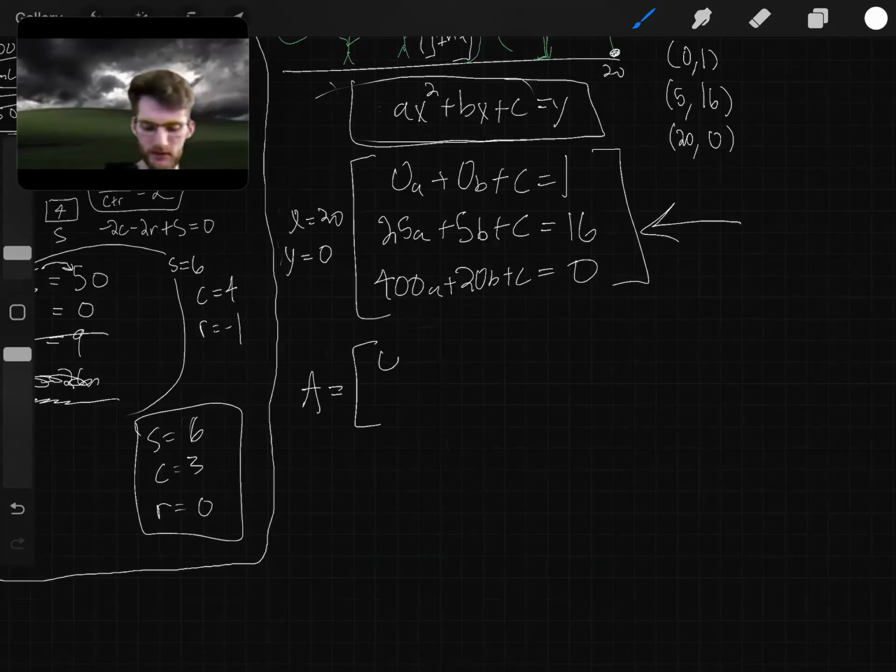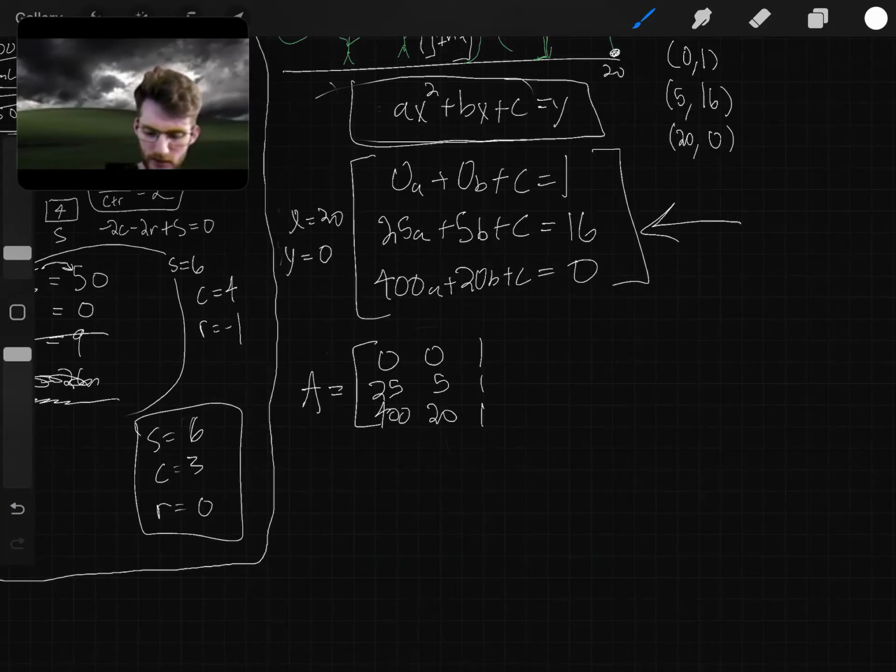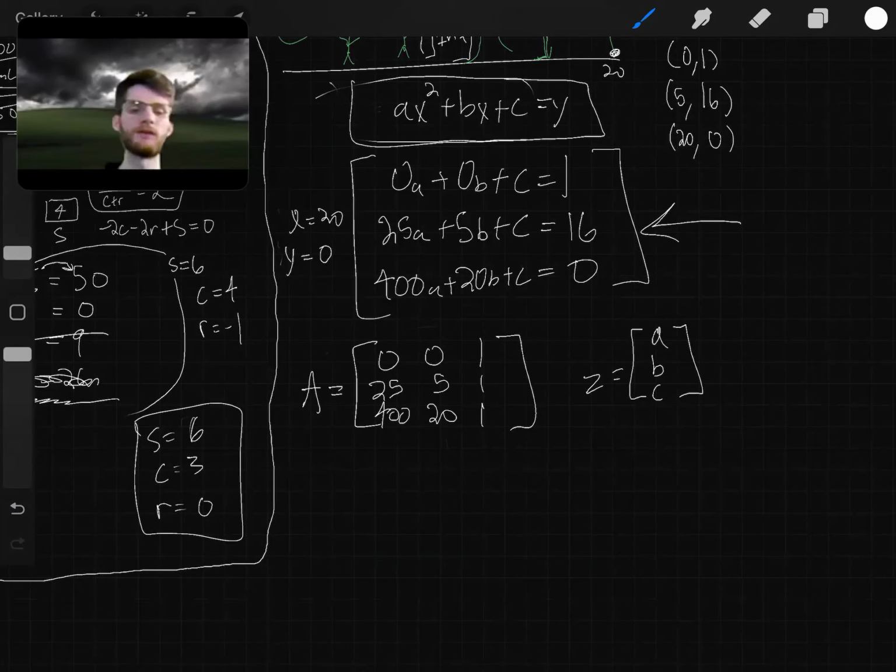So it'd be 0, 0, 1, because 1c, then 25, 5, 1, 400, 20, 1. Then let's say z is equal to A, B, C. So we have our constants A, B, C as this column vector, which is a type of matrix that only has one column.